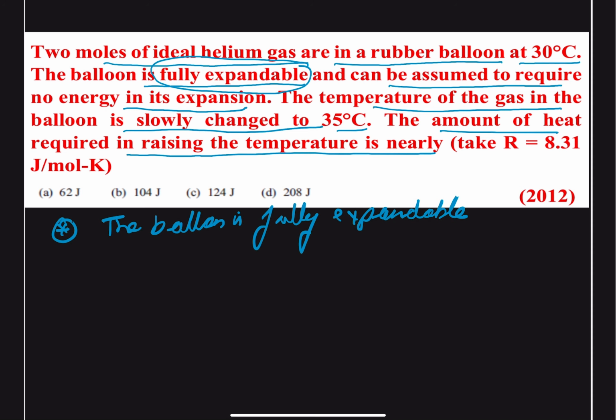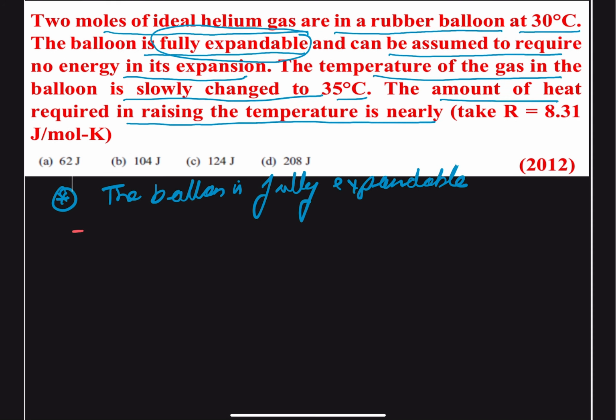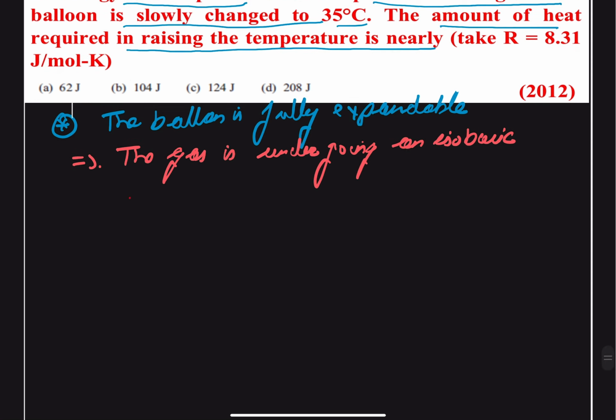Therefore, from here we can say that the gas is undergoing an isobaric process, which basically means constant pressure.